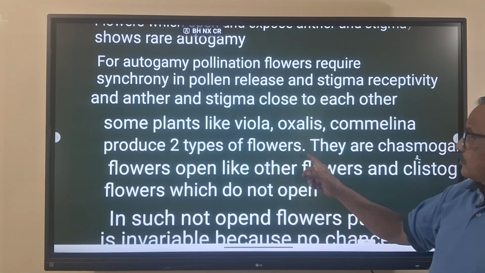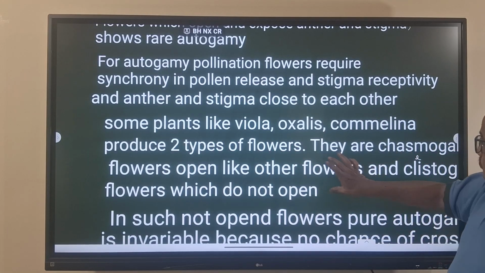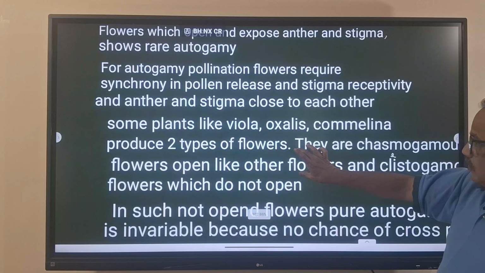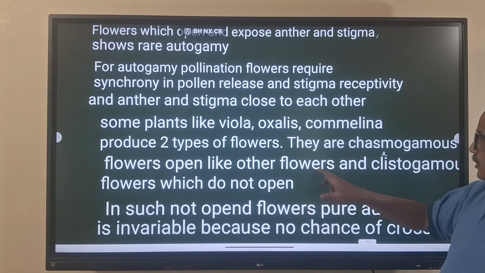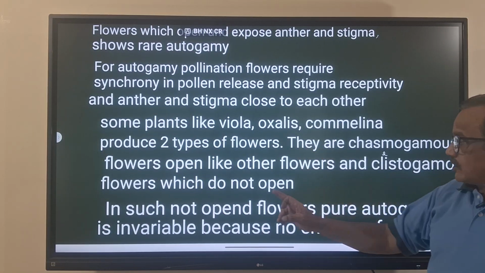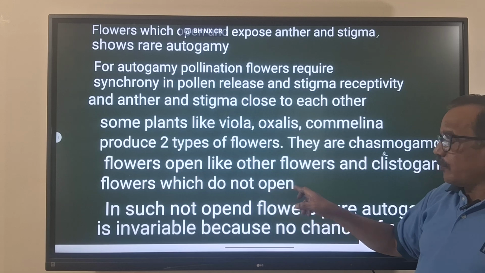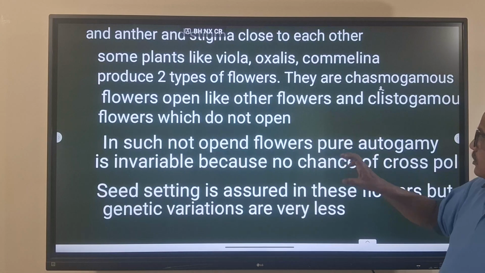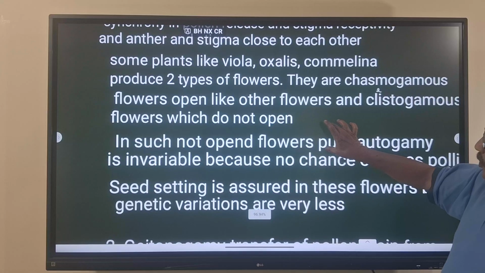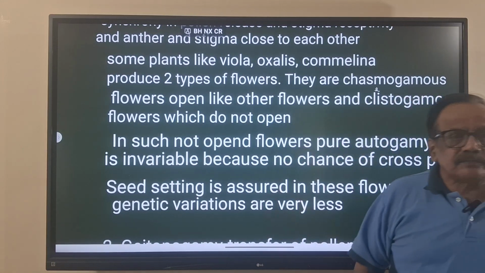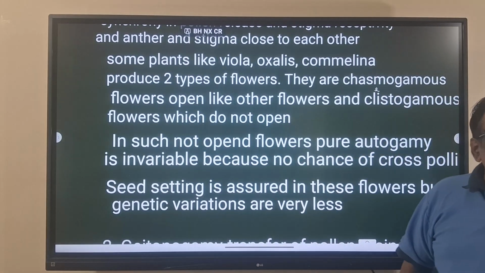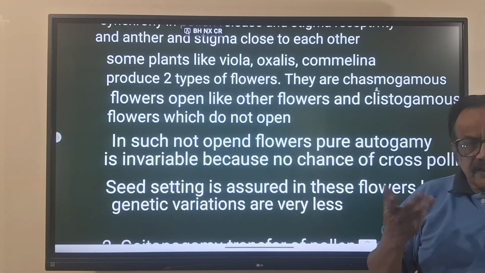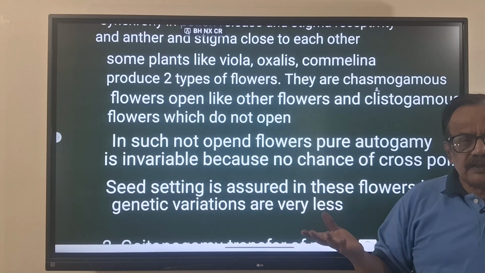Some plants produce two types of flowers. They are chasmogamous flowers, which open like other flowers, and cleistogamous flowers, which do not open. In such unopened flowers, pure autogamy can be taken. There, it is compulsory because it is not opening.